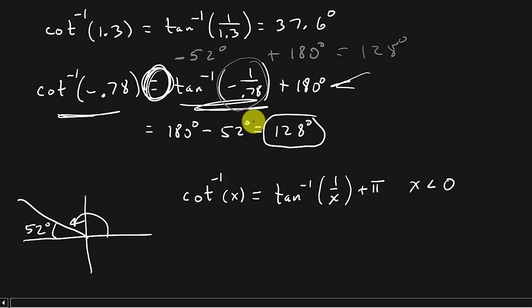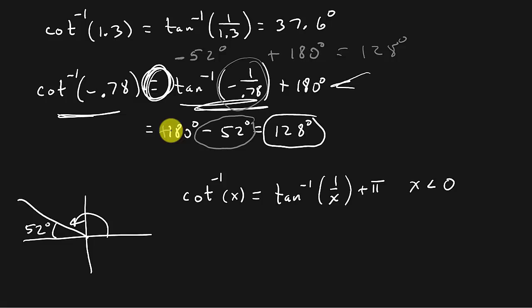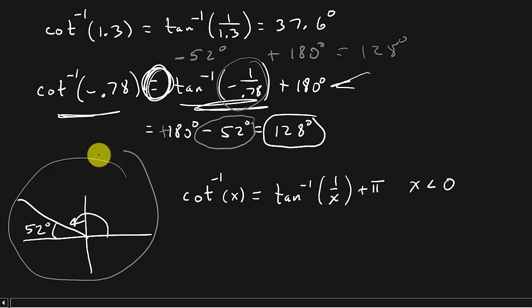Isn't that all I have here? See my negative 52 plus 180? That's all it is. But now you know why that plus 180 is there, or that plus pi is there. Okay? So I went through all that and showed you this complicated way to do it, I guess you could say.